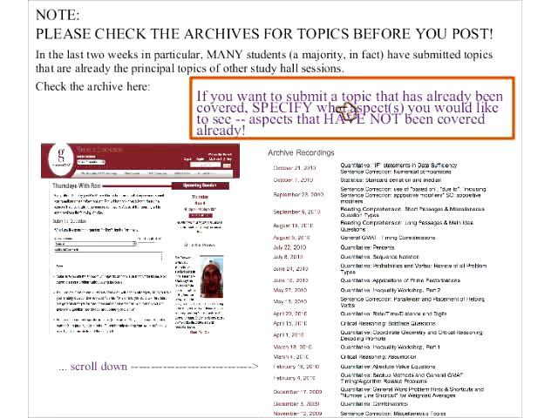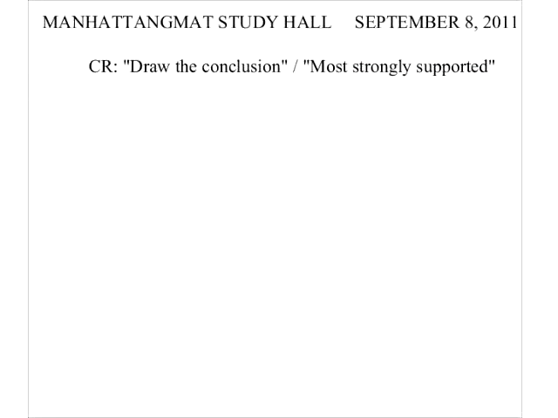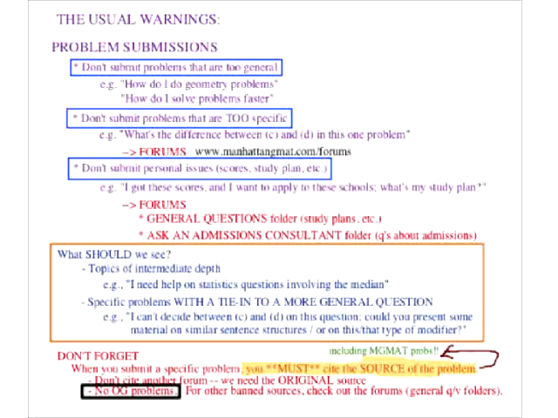Any questions, go ahead and type them in the text box. Smiley face if you're ready to start on some critical reasoning. Okay, let's get started. Again, today's theme is draw the conclusion or most strongly supported.